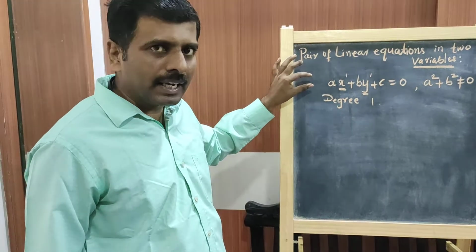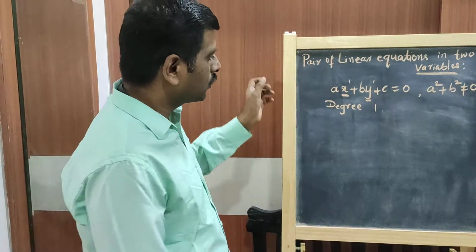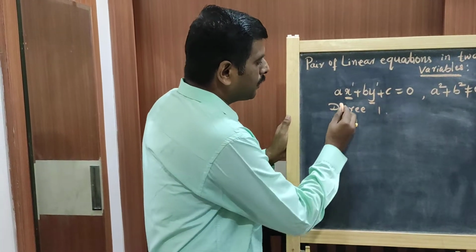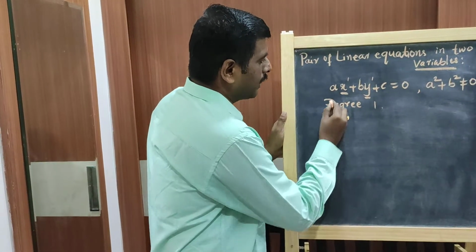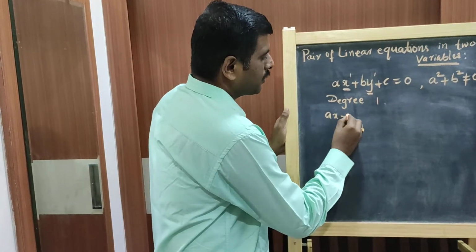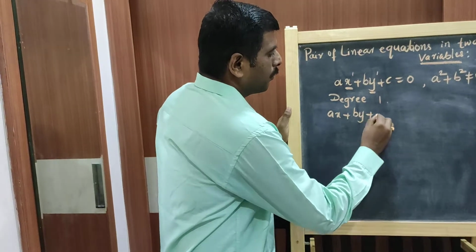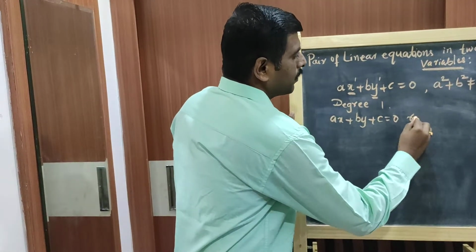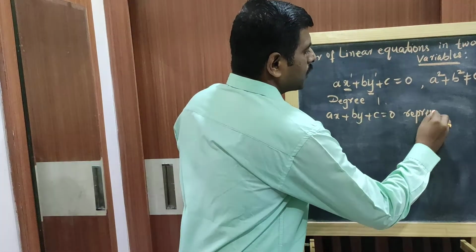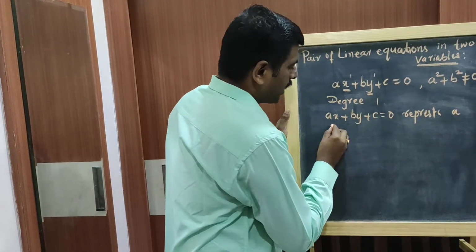Now, this algebraic equation ax plus by plus c is equal to 0 graphically represents a straight line.